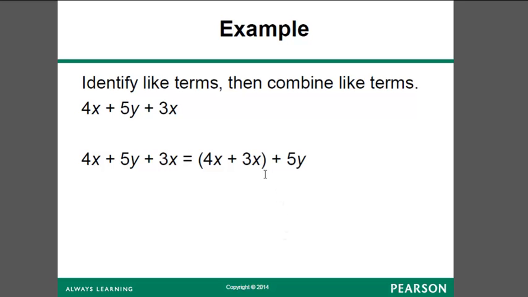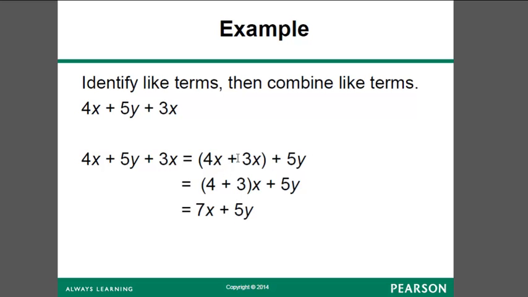One other way to look at this, I don't tend to usually do this, some of your books do, is to pull the numbers out so that you can look at just the numbers, the 4 plus 3, and then leave the x on the outside because you know that the x is going to stay there. What is 4 plus 3? It is 7.